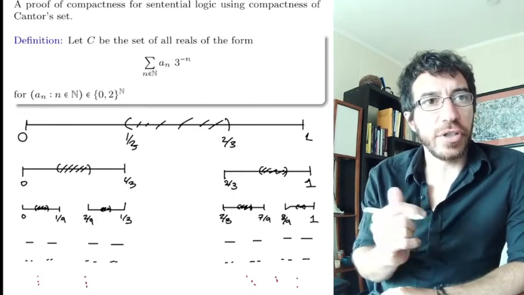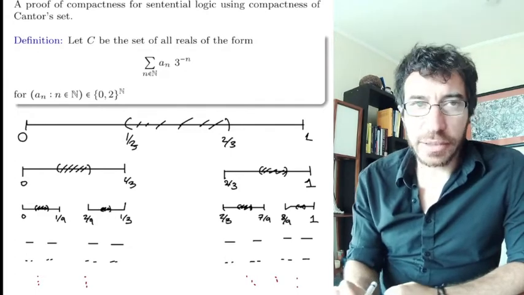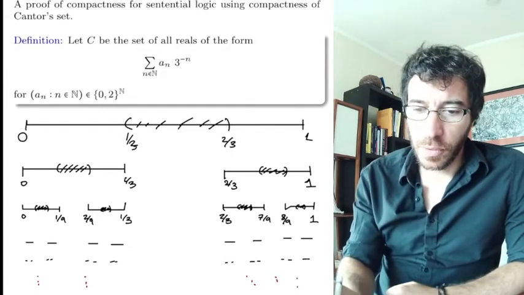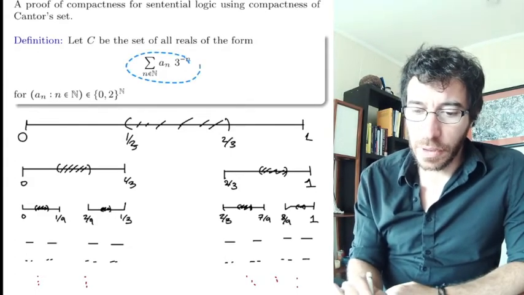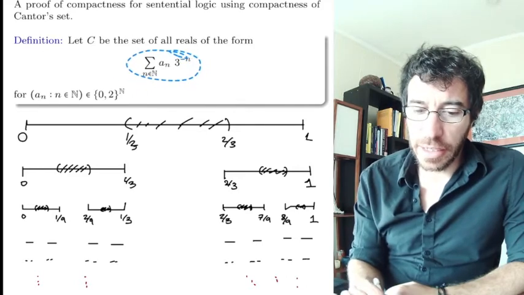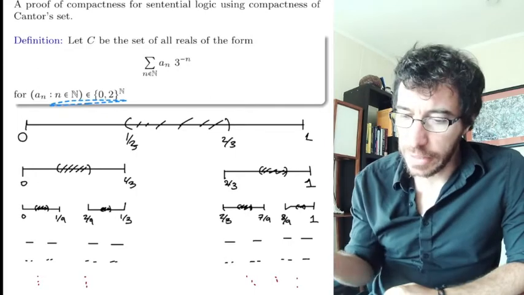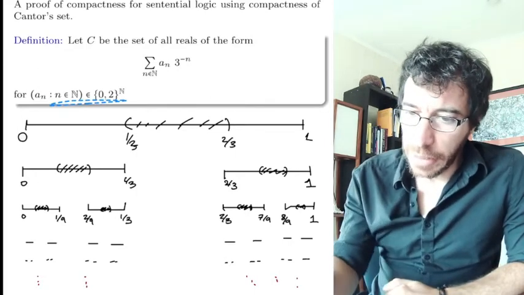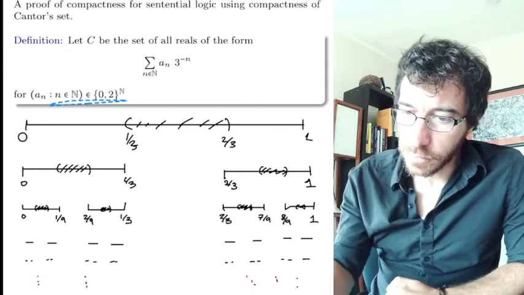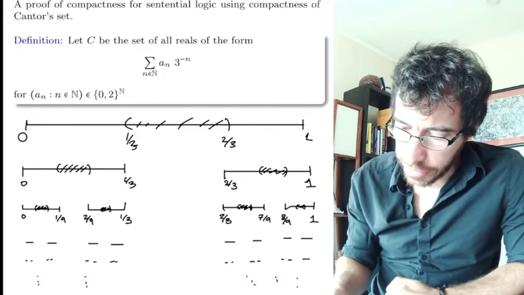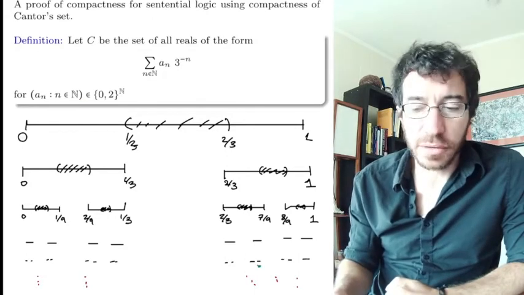It's the set of all the numbers you can write in this form, where the a sub n's are a sequence of zeros and twos. So why is that the case? Well, let's see. Suppose you have a number somewhere here.